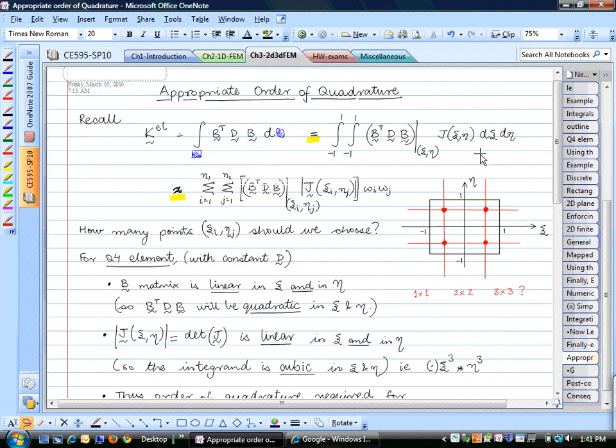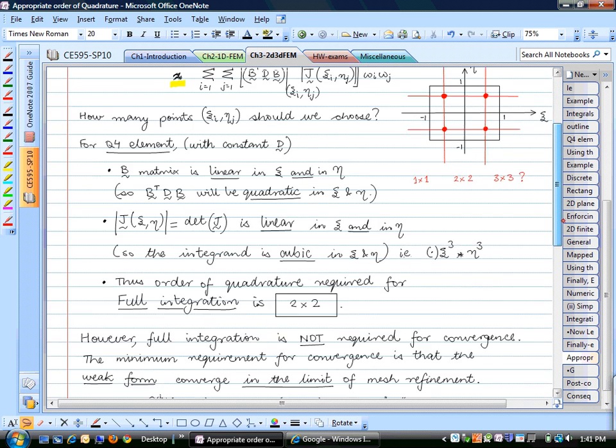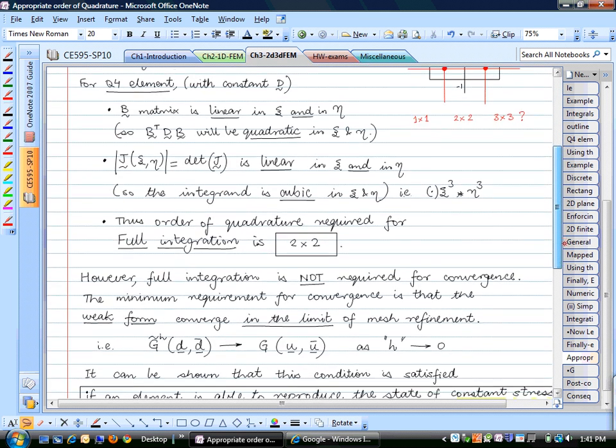But that does not necessarily mean that we have to do full integration. What we actually want is that our discretized weak form, this was the discretized weak form that we got after plugging in our finite element approximation, should approach our continuum weak form.